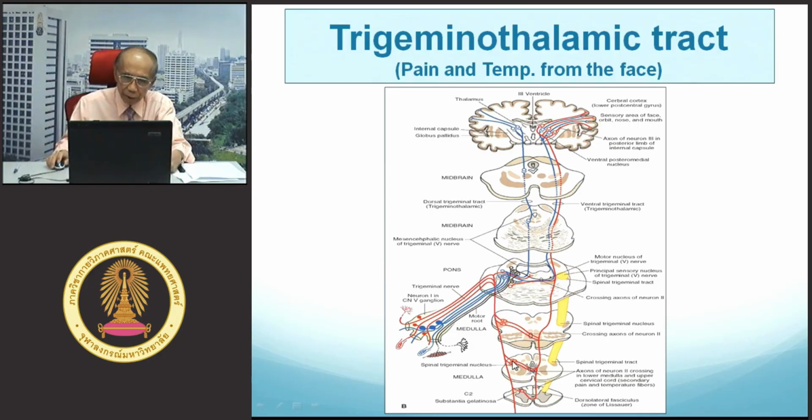Axons from this nucleus cross the midline and form the ventral trigeminothalamic tract, ascending through the brainstem and terminating in the thalamus, the ventral posteromedial nucleus, and then giving out the sensory radiation to the lower part of the precentral gyrus.